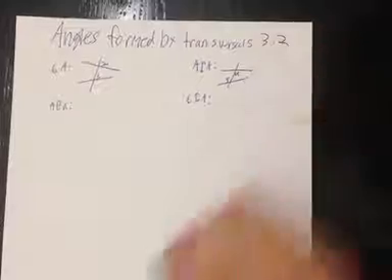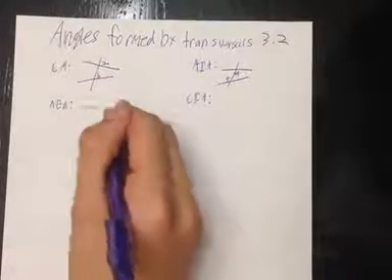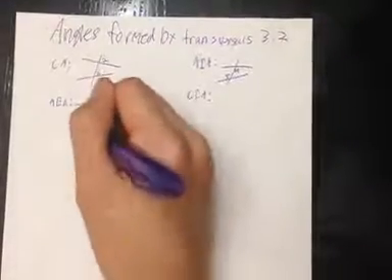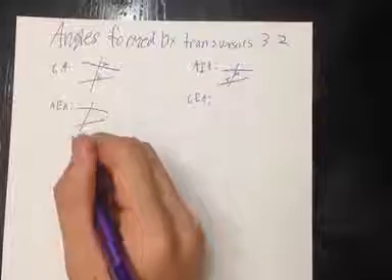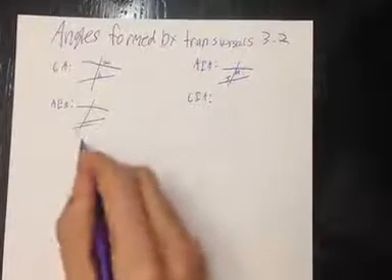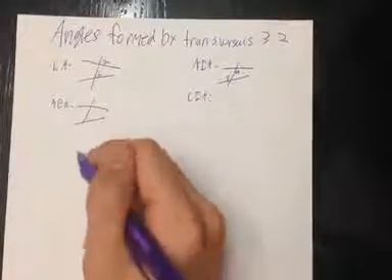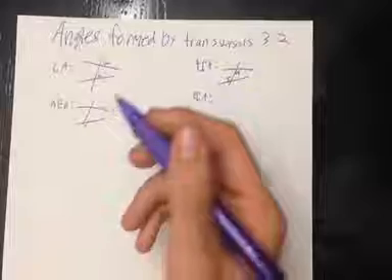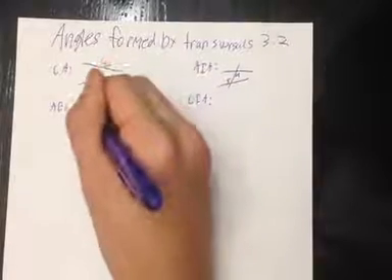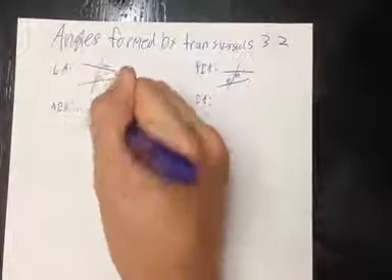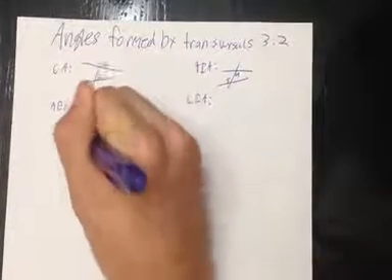You have two lines here cut by a transversal. Alternating exterior angles are the same thing as alternating interior angles, except they're on the outside. That would be like 1 and 6 or 5 and 4.